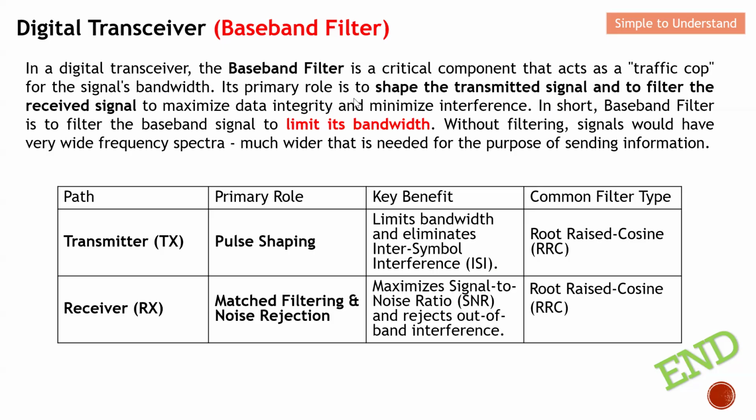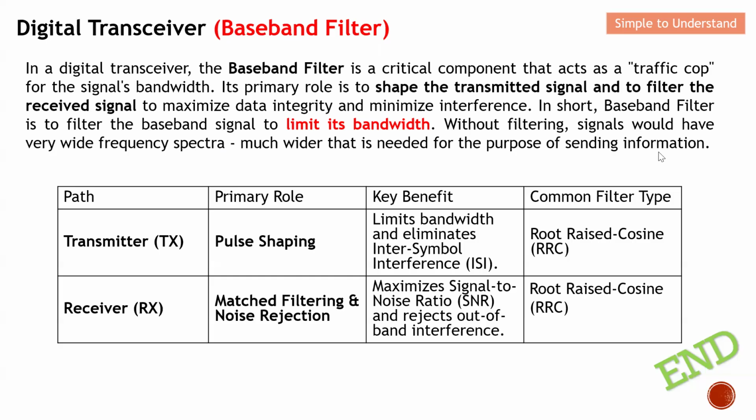The primary role is to shape the transmitter signal and to filter the receiver signal to maximize data integrity and minimize interference. So in short, the baseband filter filters the baseband signal to limit its bandwidth. Without filtering, the signal will have a very wide frequency spectrum, much wider than is needed for the purpose of sending information.